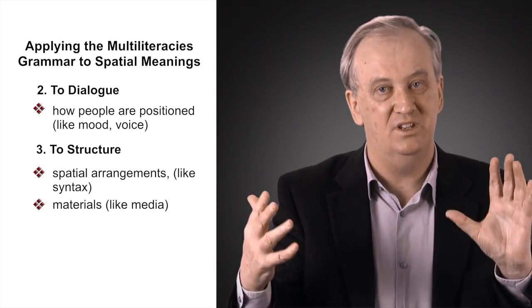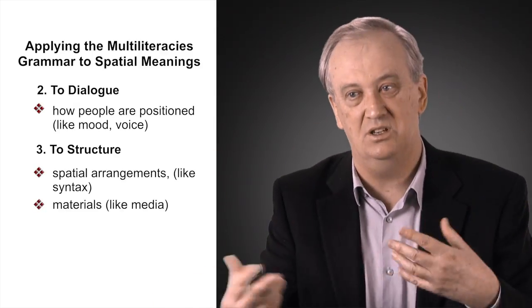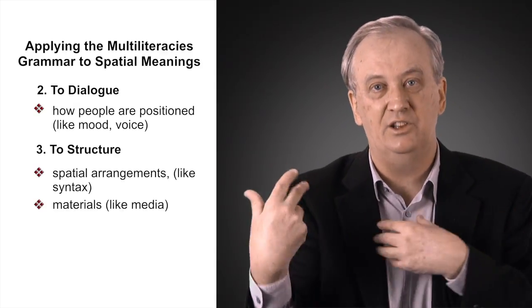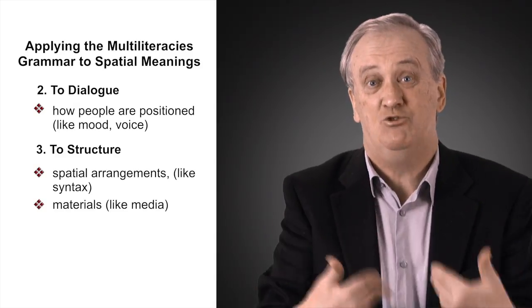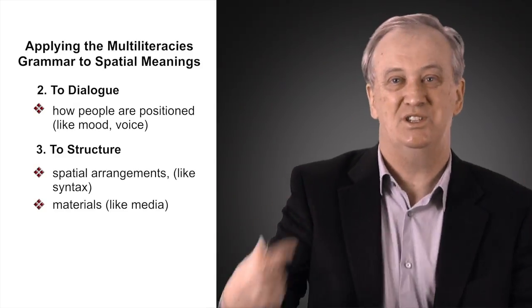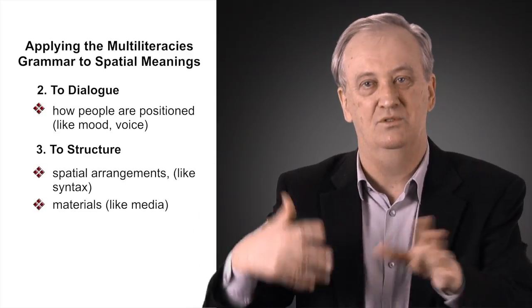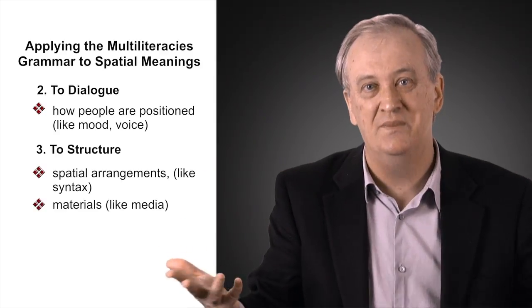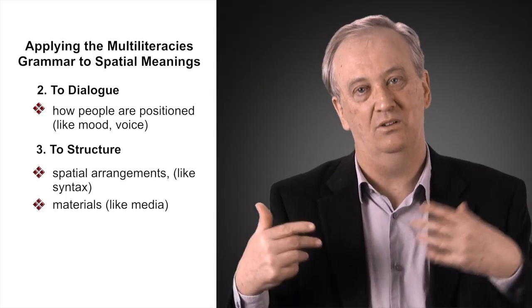So in a lecture theatre, you're positioned as the listener, and the person at the front standing down looking the other way is positioned as the speaker. So in other words, there's a set of dialogical relationships, which by dialogue I don't mean literally speaking, I mean person-to-person relationships. First person, second person, third person, mood, voice, all those kinds of things, which are spatially configured without having to say a word, and also then, in fact, determine the words that might happen to be spoken in that space.